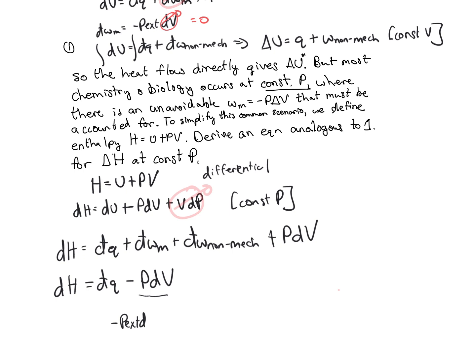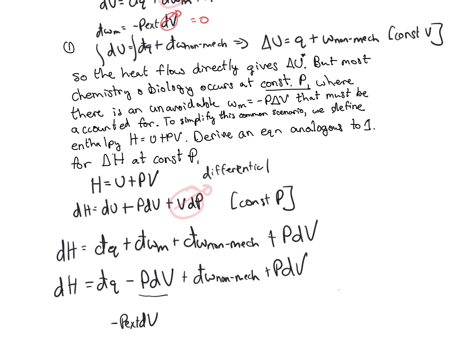But since we're at constant pressure, the pressure inside our system has to be equal to the external applied pressure throughout the process. So p external is equal to p, and we get a minus PdV, and then the rest of the terms, d bar work non-mechanical plus PdV.